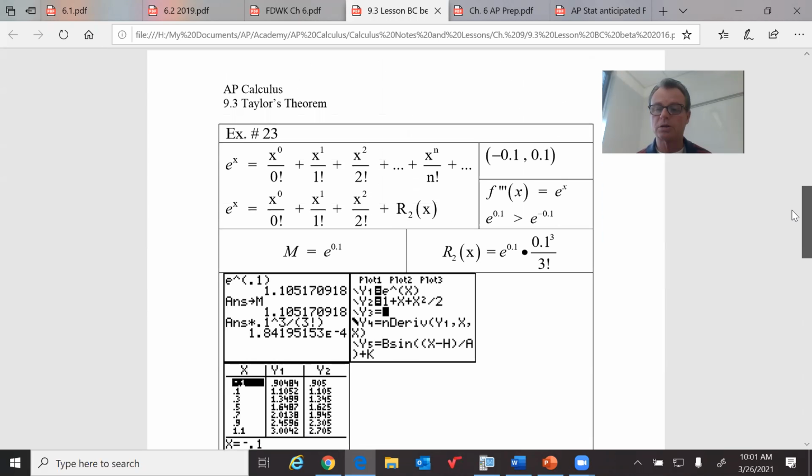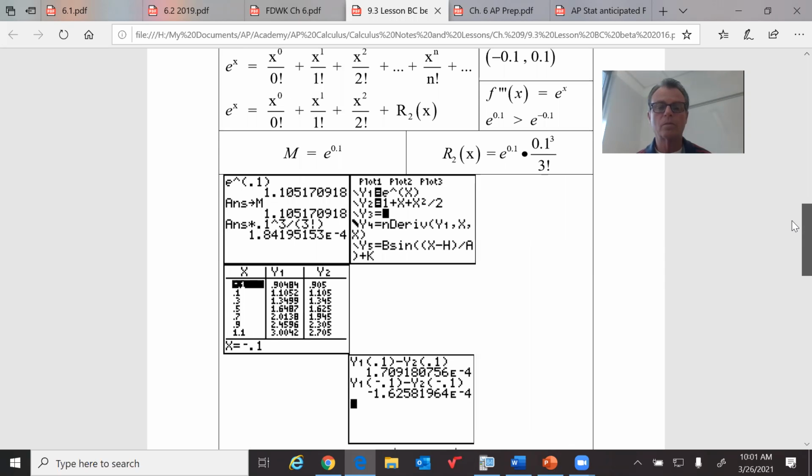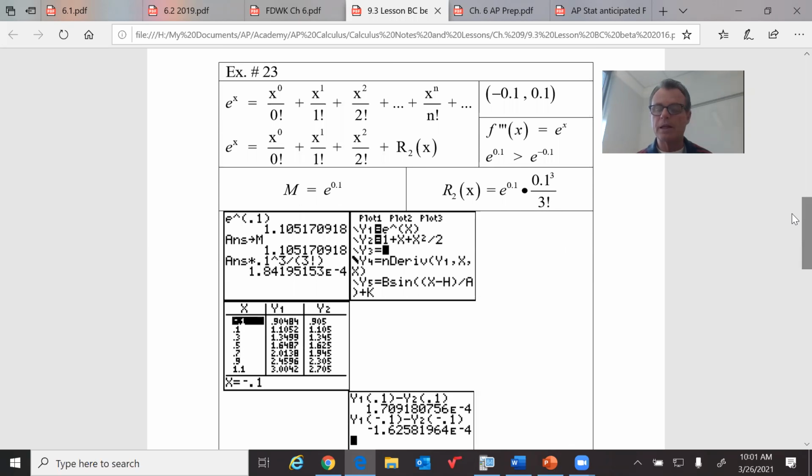Okay. And the only reason that works is because this thing is strictly increasing. Like if the maximum value occurred on an interior point, you'd have to use that. So this graph is strictly increasing from here to there. So the max occurs at an endpoint of e to the 1/10. Okay. So that's that for the error bound. And you notice that the second half of 9.3 is much more challenging than the geometric error. Okay.